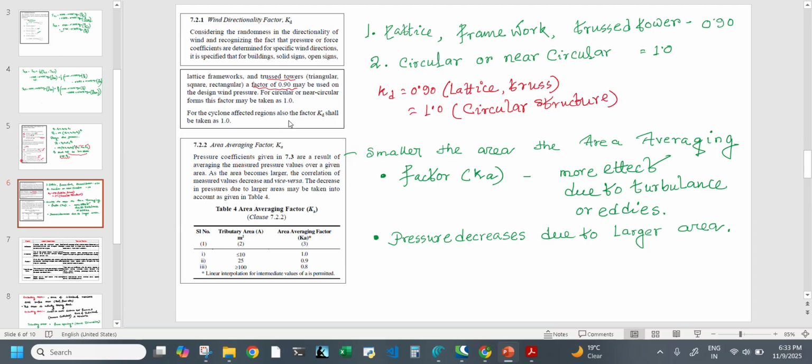For cyclone affected region, Kd is generally taken as 1.0.